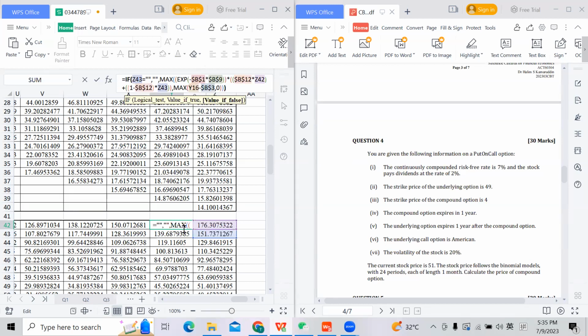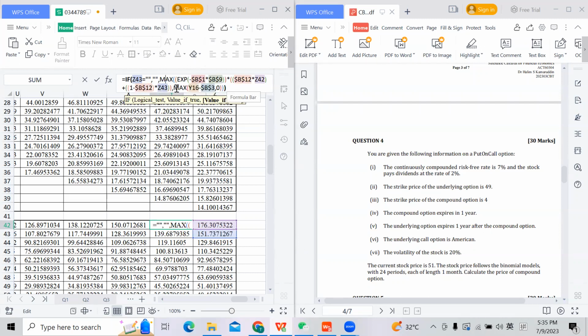Otherwise, we take the formula exponential of minus r h times p star times Z42, which is Cu, plus 1 minus p star, which is q star, times Z43, which is Cd.